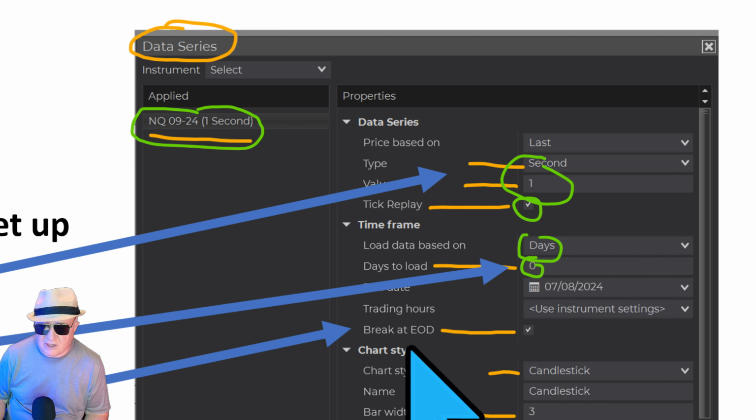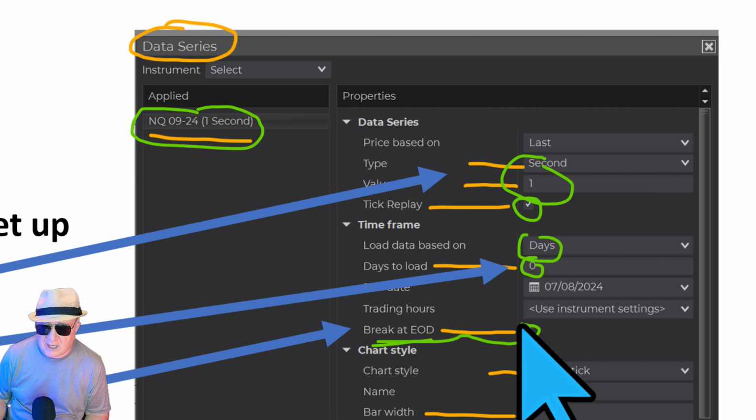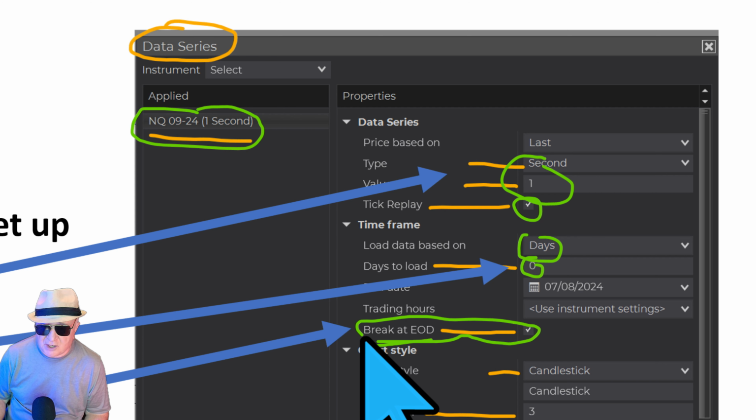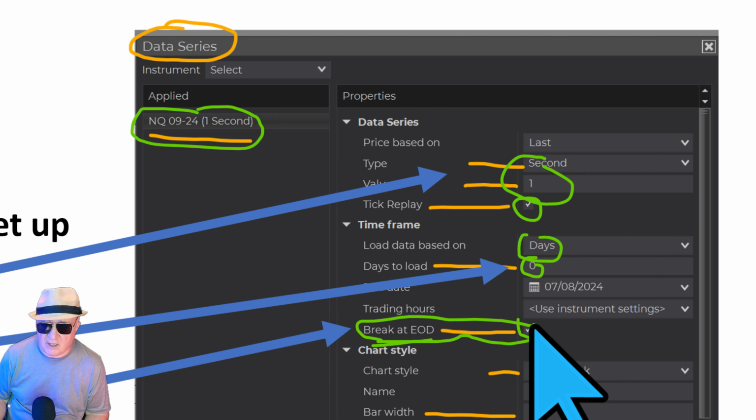And this is very critical: Break at EOD should always be, and I highly recommend on every single chart, checked by default, or yes.